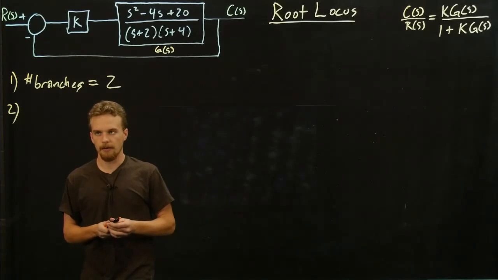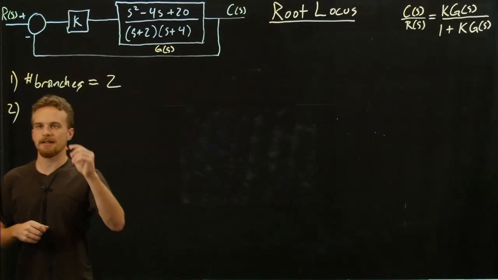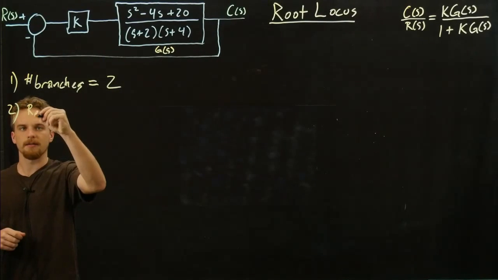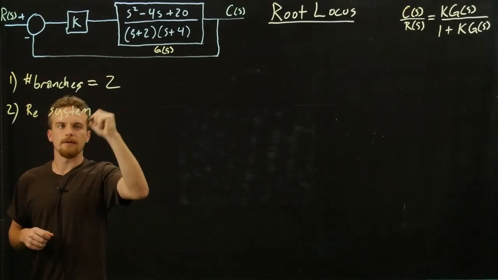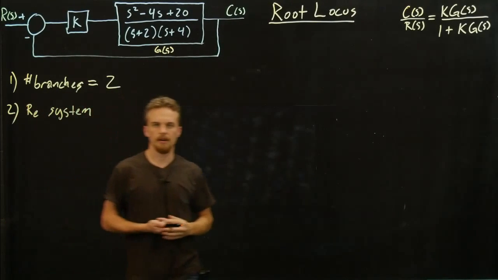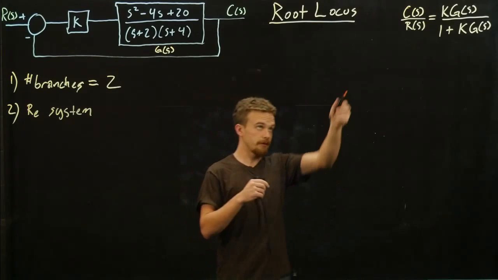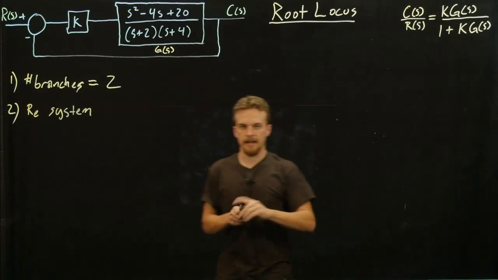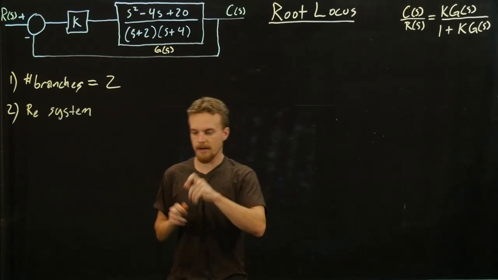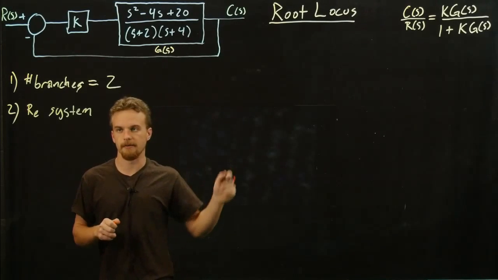So we have a real system, and our root locus, which is plotting the poles of this, doesn't necessarily have to stay on the real axis in the real imaginary plane, but it has to be symmetrical about it.